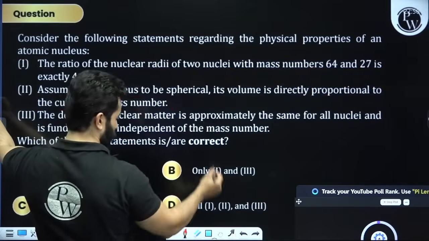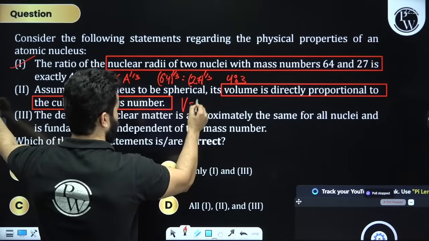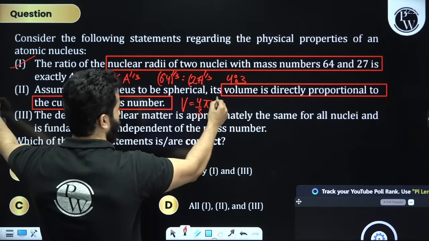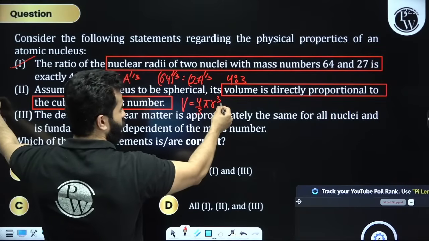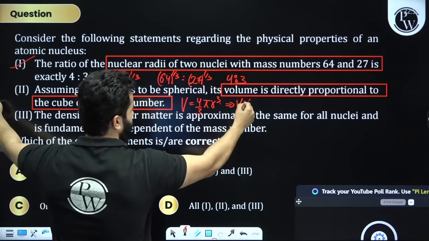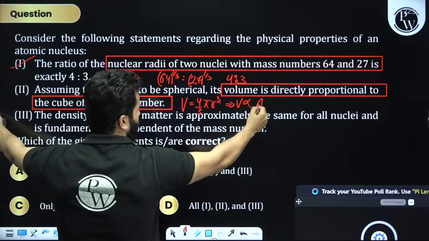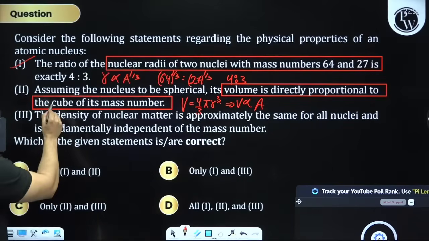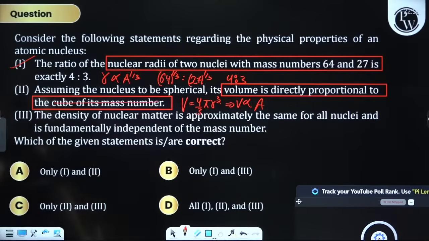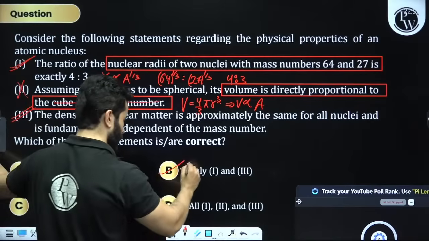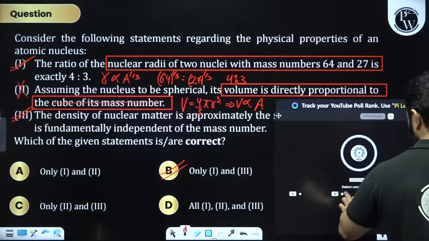Volume is equal to 4 by 3 pi r cube, so it is directly proportional to r cube, or we can say that it is directly proportional to A. So this is wrong. It is not directly proportional to the cube of mass number. The density of nuclear matter is approximately the same for all nuclei and fundamentally independent of mass number. This is also true. So only 1 and 3, that means option B.